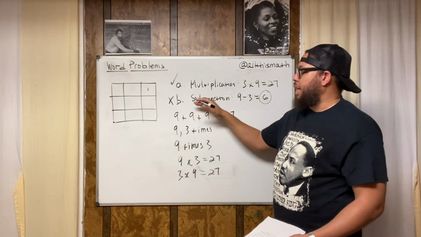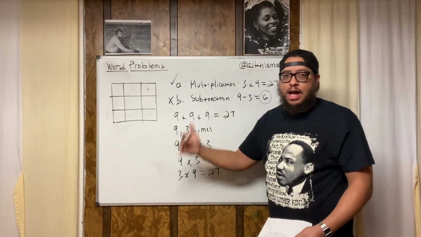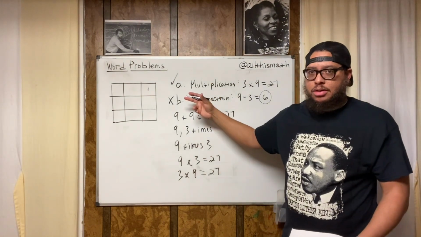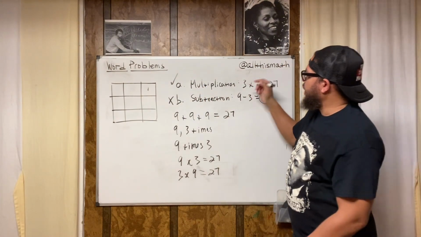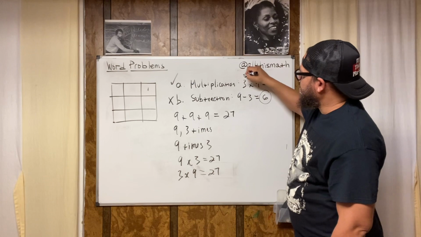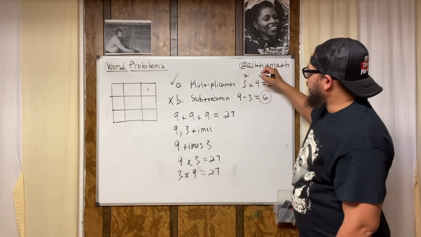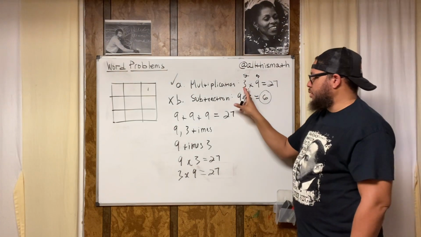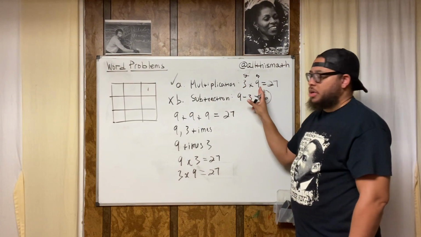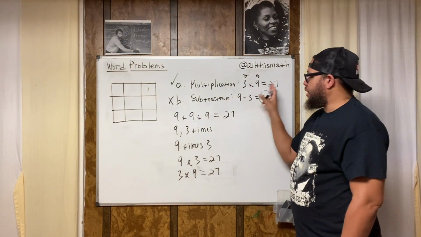Because once you understand why answers are wrong, then you'll feel more confident in your correct answer. You'll feel more confident saying, oh yeah, it's got to be multiplication because he wants to make 3 quilts, and 9 squares on each quilt. So that's 3 quilts with 9 squares on each one. 3 times 9 is 27.